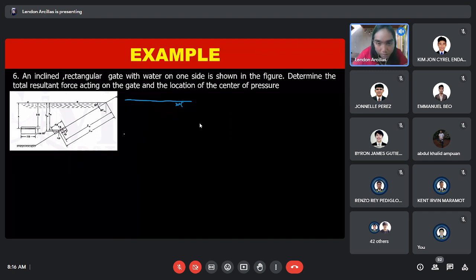So, yun yung application ng hydrostatic force. So, example, meron tayong gate sa isang dam na i-design natin, is rectangle siya. Rectangle ang shape nito, pero nakaslant. So, ito yung gate ng dam. So, to find the YP, ibay natin ng kulay.